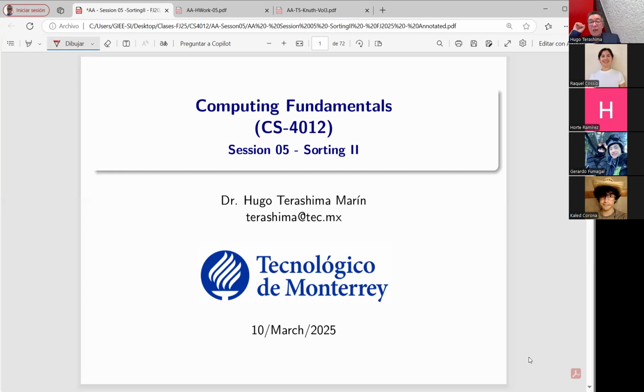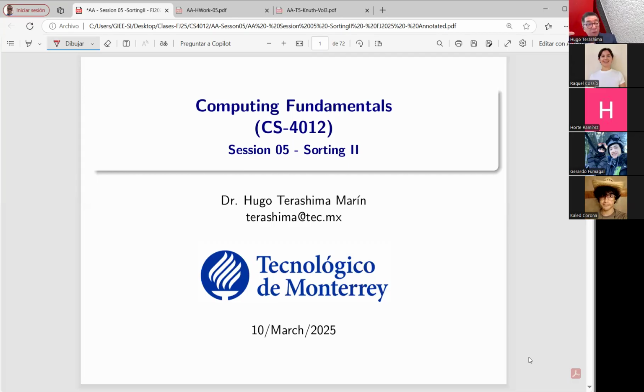And at the end, we are going to show the demonstration for the lower bound of the sorting problem, but in the average case, right? Because in the previous session we talked about the lower bound of the sorting problem, but in the worst case. And now we are going to show that lower bound in the average case.